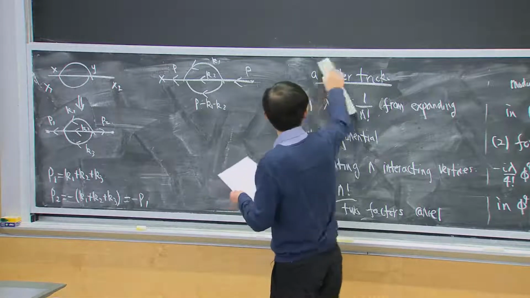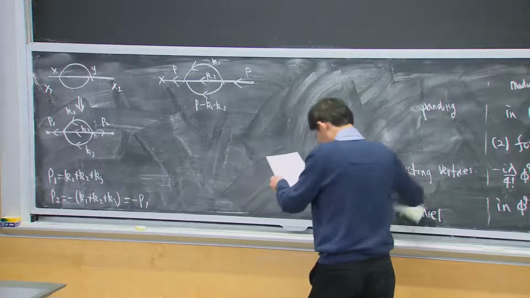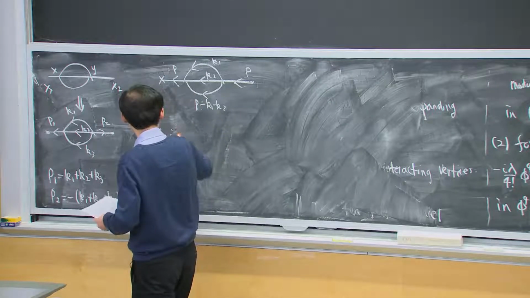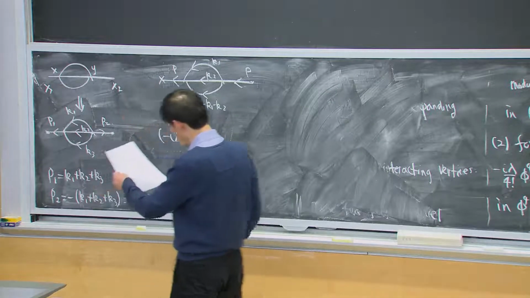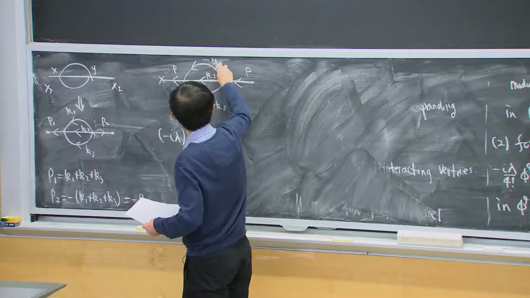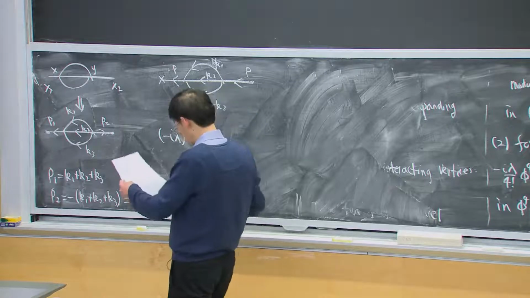Now you can write down the momentum space expression. We have minus i lambda for each of the two vertices, so (minus i lambda) squared. Then we have two undetermined momenta, k1 and k2, because p, the external momentum, is fixed.